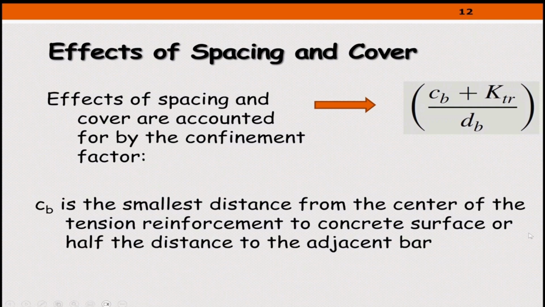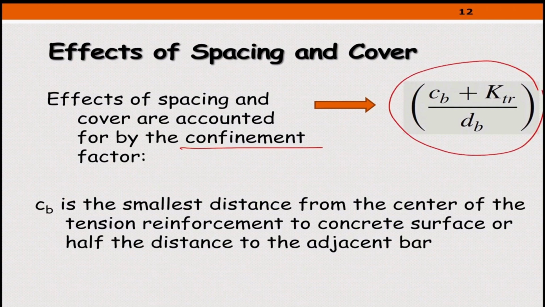Now, let's talk about the effect of spacing and cover, all combined in one factor that we refer to as the confinement effect. Let's look in detail at what's inside these brackets and which factor is related to what. First, CB. CB actually is the cover or the spacing between bars. One thing you need to remember is that we always maintain a value for the cover, which is the distance from the center line of the bar to the concrete surface, right?